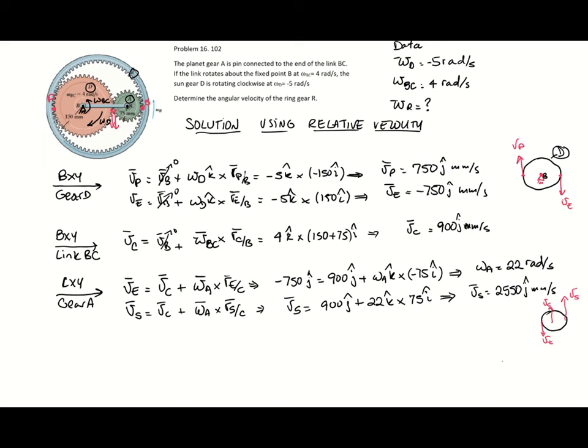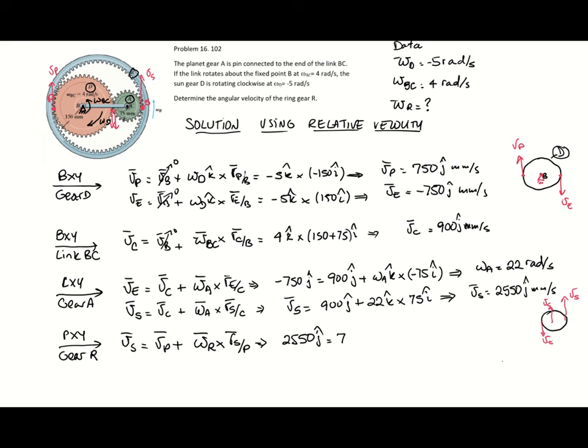Okay, so finally we already have a velocity for point S and a velocity for point P. Therefore, we will have a system, for example, fixed at P, fixed to gear R. Then the velocity of S, with the other point that we know the velocity, equals velocity of P plus angular velocity of R cross the distance between S and P. That equals the velocity of S, which we just found, and the velocity of P, which we have right here from the beginning.